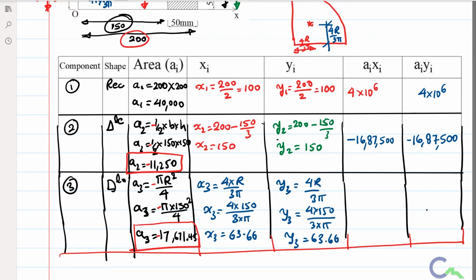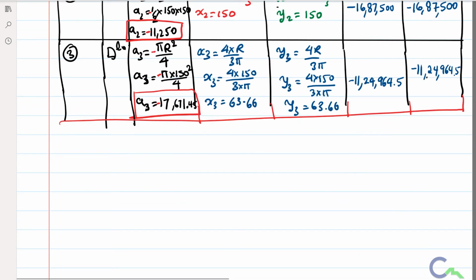Then we have A3 into X3, so minus 17,671.45 into 63.66, we will get minus 11,24,964.5. Similarly we will get A3 into Y3 value also same, 11,24,964.5.